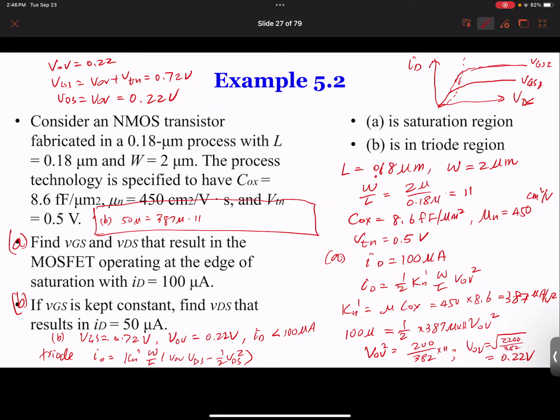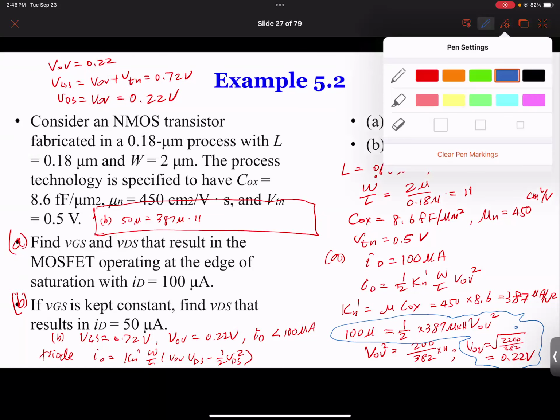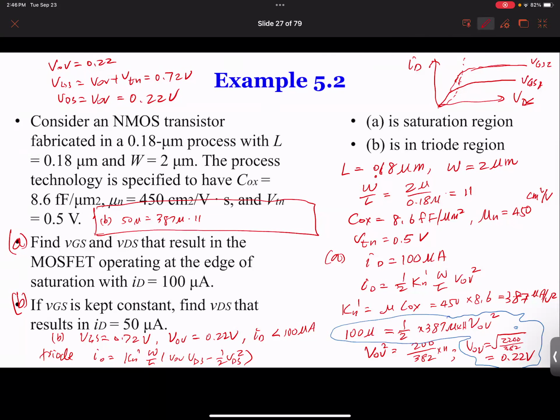That's why I make a small correction. Let me circle it. Small correction over here. The blue circle gives you the correction of the little mistake. And I multiply this W over L and then multiply by VOV, which is 0.22, times VDS minus 1/2 VDS squared.